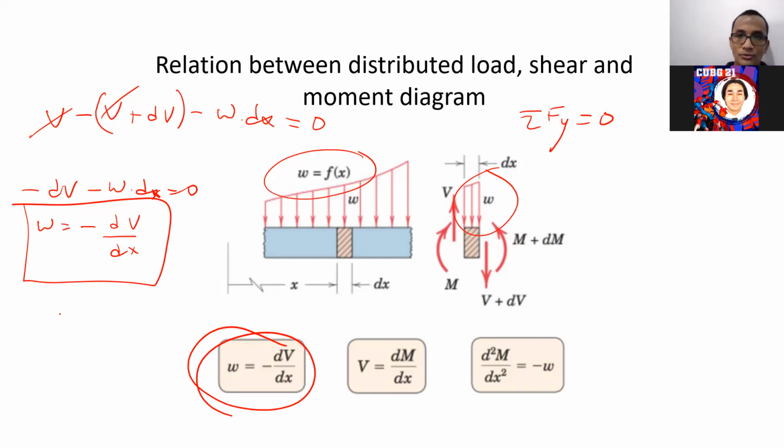Next, if we do a sigma moment, for example on the right edge here, sigma moment at the right edge equal to 0.